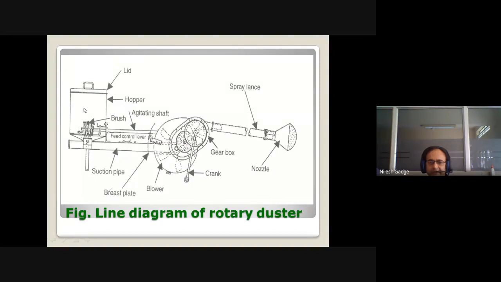It sucks the dust and it goes into the blower, and the blower then supplies that dusting material with high pressure through this spray lance to the nozzle. The pump is also an important thing. The brushes are there, agitating shaft is there, hopper. Hopper means this is the tank, and this is the lid. Lid means the cover of the rotary duster.